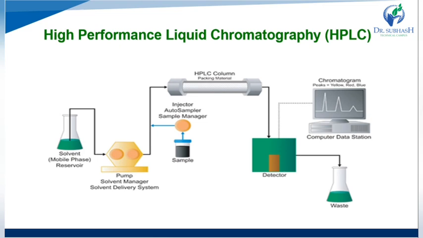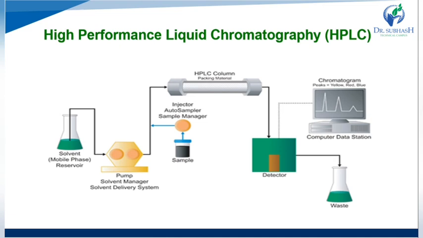The detector detects the sample and records the chromatograms. In chromatograms the peaks are generated color-wise, red, yellow, blue, any color. So it is totally computerized data, and some waste material is also removed.